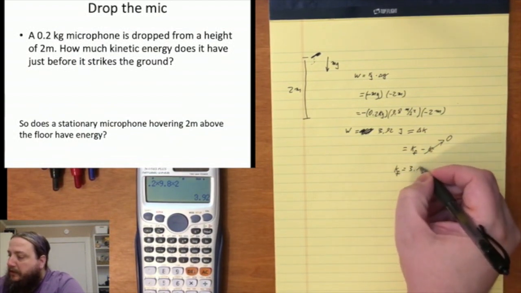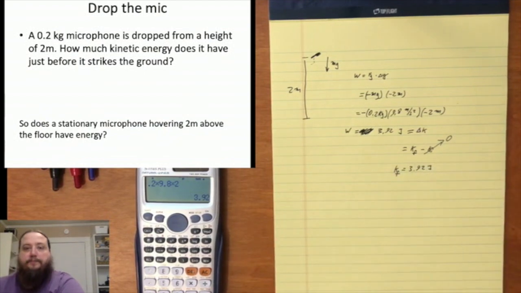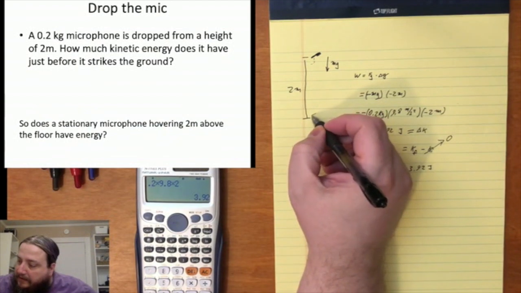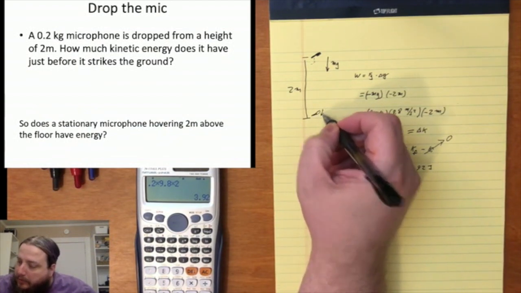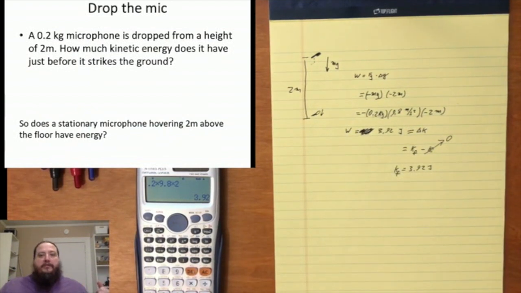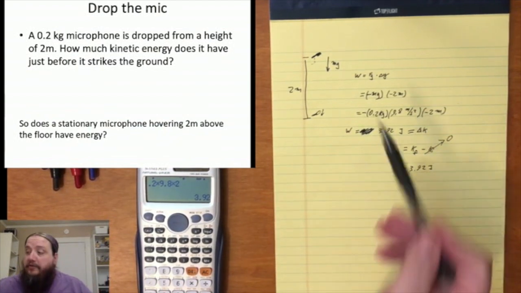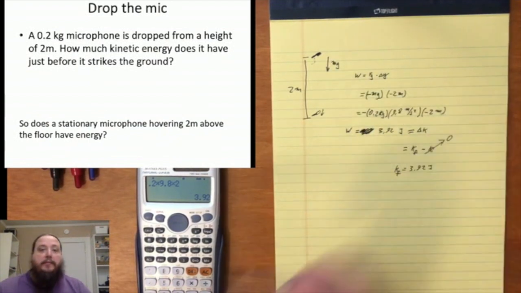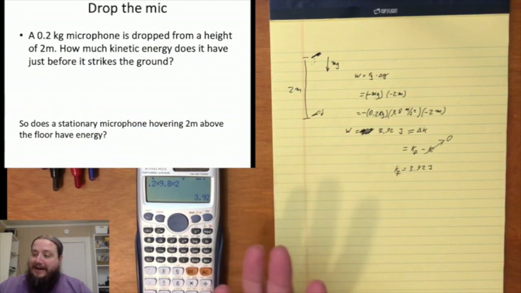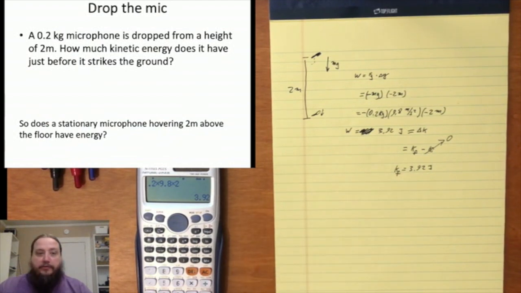It's 3.92 joules. So just the instant before it hits the ground, it has this 3.92 joules of energy. Well, where did that energy come from? We just saw that the energy was work done on the falling microphone by the influence of gravity.